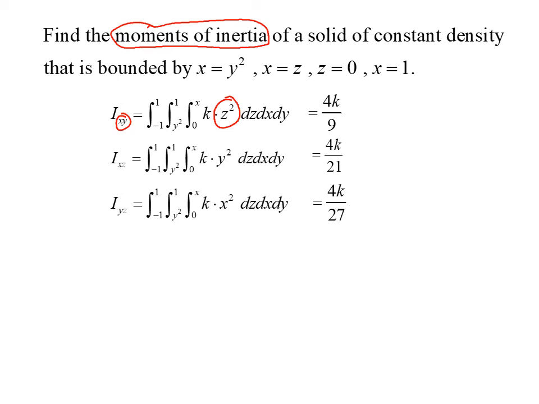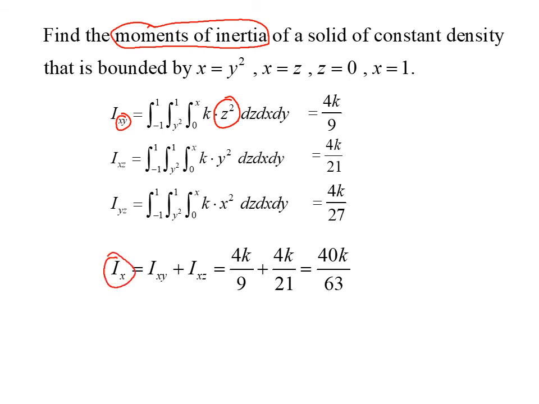Now those are the moments of inertia about a plane. We're oftentimes asked for the moments of inertia about an axis. So again, here's the relationship. The moment of inertia about the x-axis is the sum of all of the second moments that contain x's, which means Ixy and Ixz.